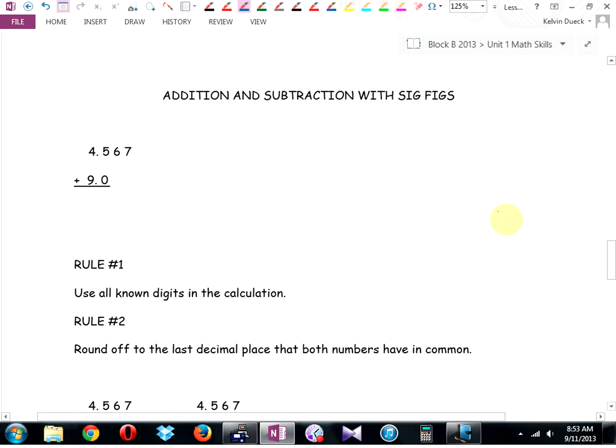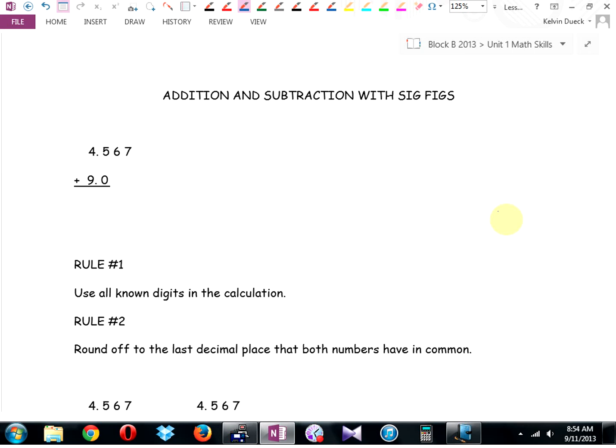Next page. Adding and subtracting is more difficult. The number of sig figs in your answer has nothing to do with how many sig figs you started with, or how many sig figs this number had, or that number had.